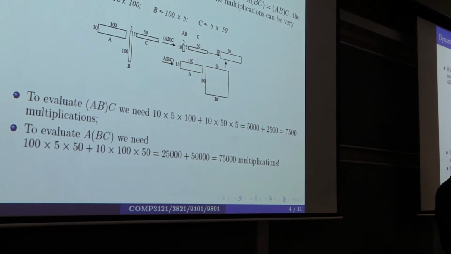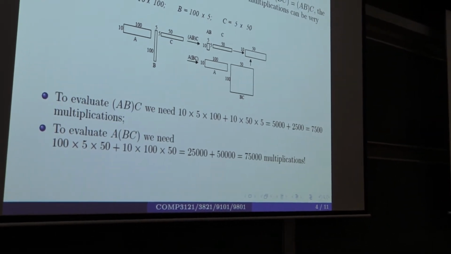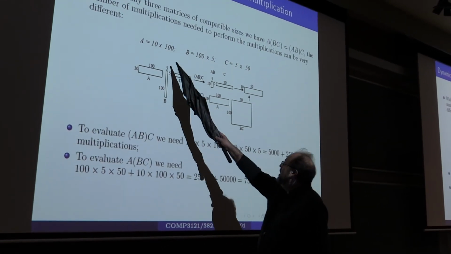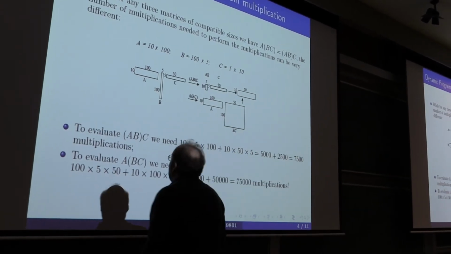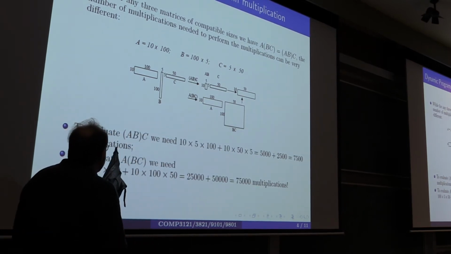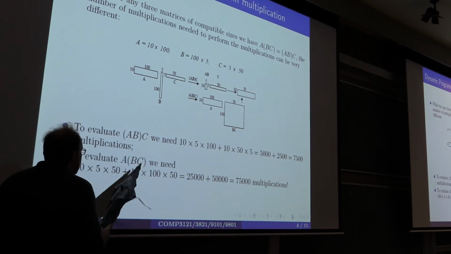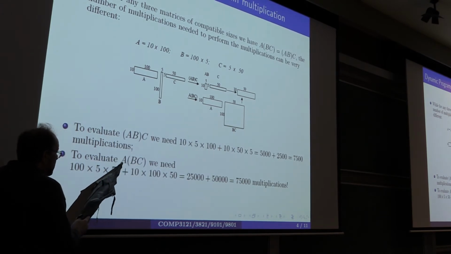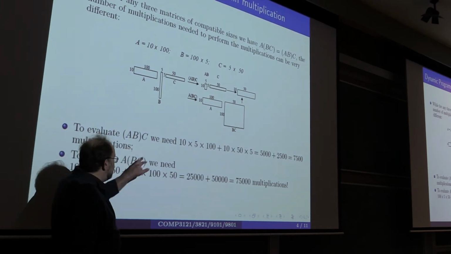Let's see another example, namely matrix multiplication. Well, you know from linear algebra that if you have three matrices that are size compatible, then you can multiply them either by first multiplying A and B and then multiplying by C, or you first multiply B and C and then multiply that with A. So matrix multiplication is associative.